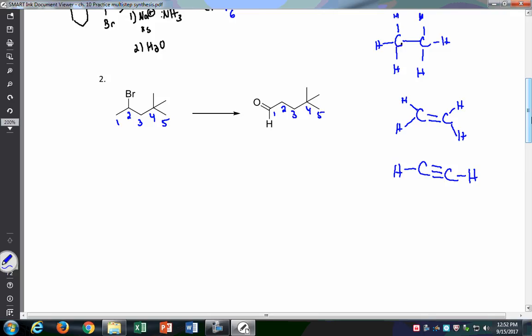I need to make room for that bonding. If I don't have 2 leaving groups, if I don't have 2 beta hydrogens, then I'm going to have too many bonds to my carbon. So I only have 1 leaving group. I've got to get 2 leaving groups so that I can form the triple bond. We can do that by forming a double bond and then doing our Br2 reaction. But our double bond needs to be between carbons 1 and 2. So that's our least substituted.